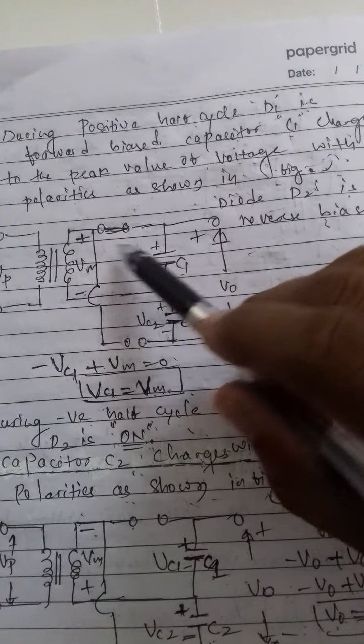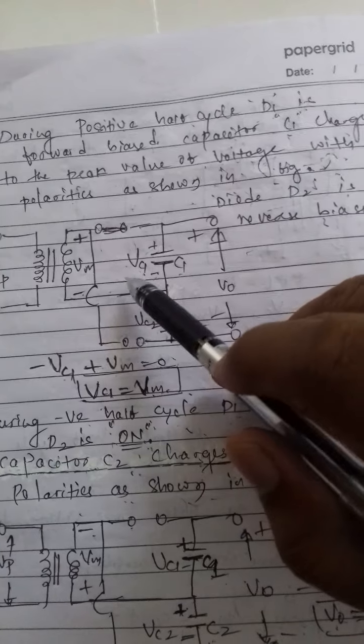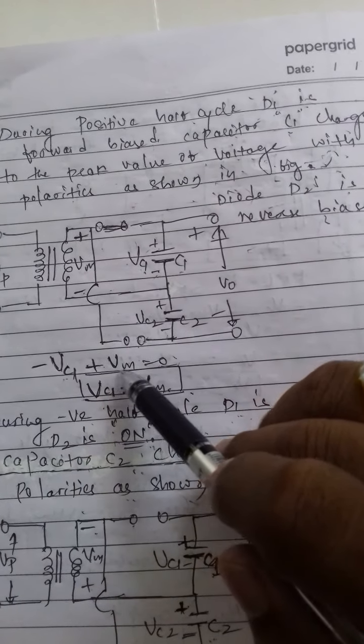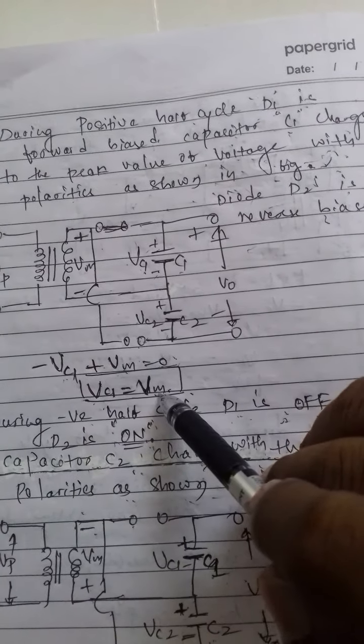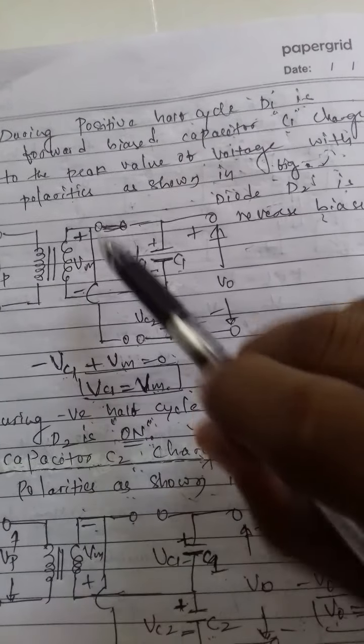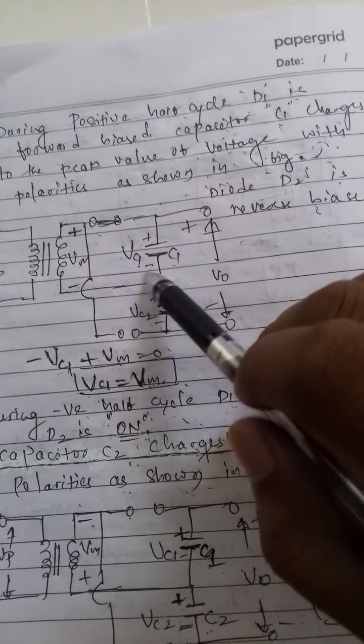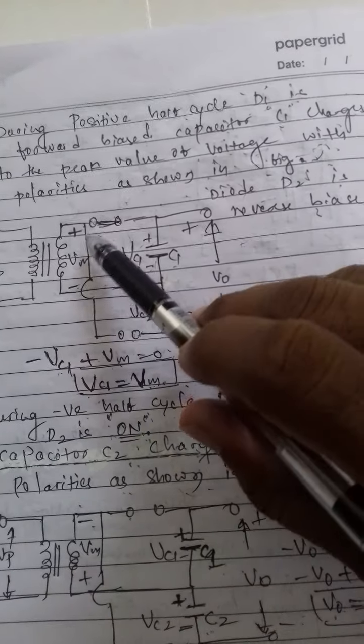But this circuit is a closed path. Minus Vc1 plus Vm is equal to 0, so Vc1 is equal to Vm. That is, the voltage across capacitor C1 is equal to the peak value of the voltage.